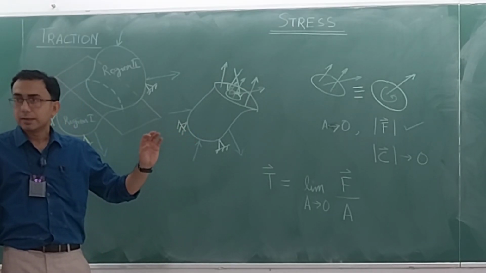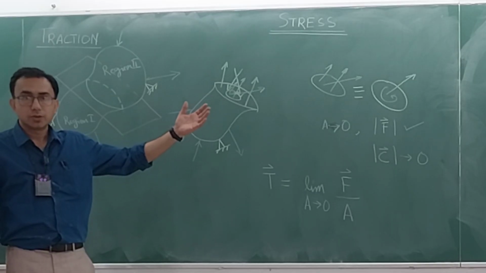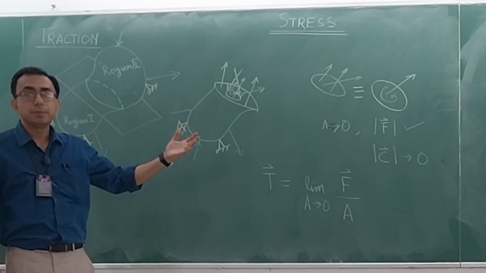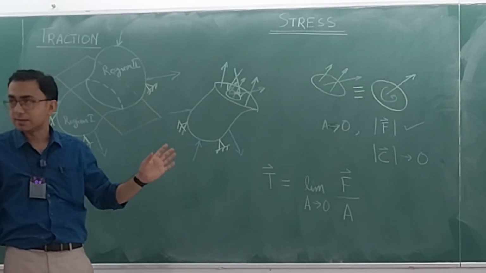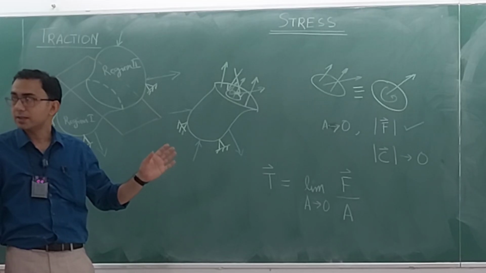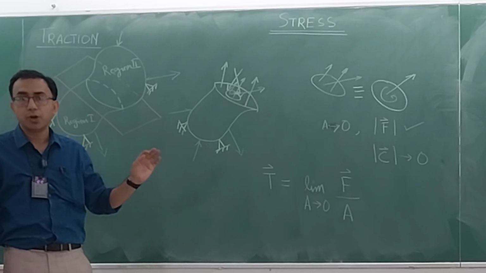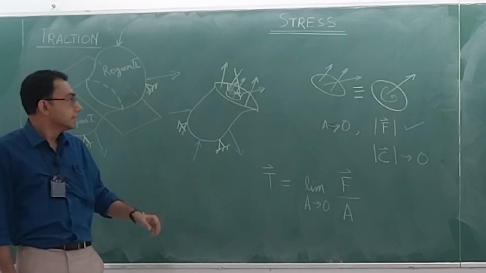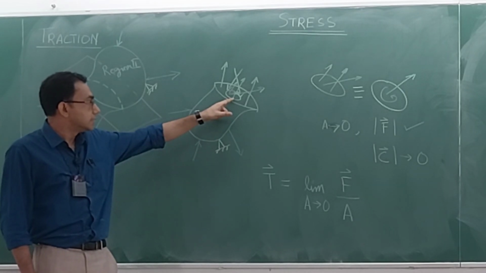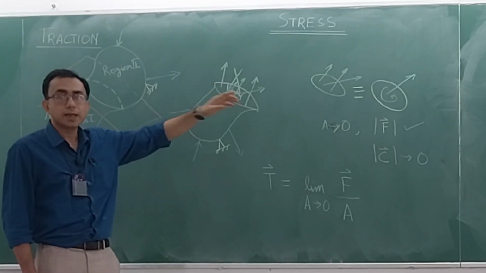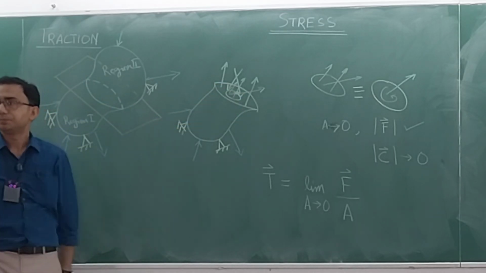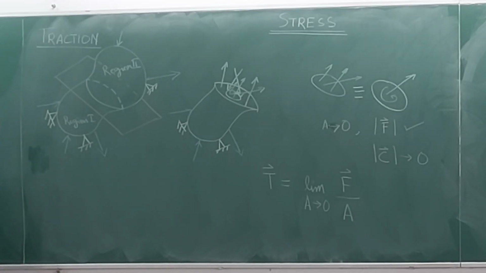It cannot be at any point. When you say the traction, it means the traction at a certain point only, nothing else. The value of the traction at this point and at that point are going to be completely different. This much is very clear.